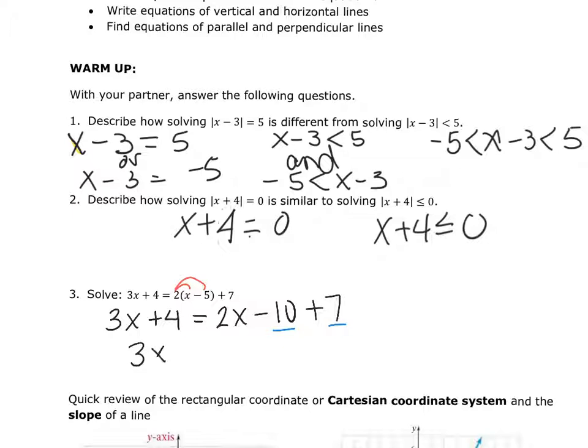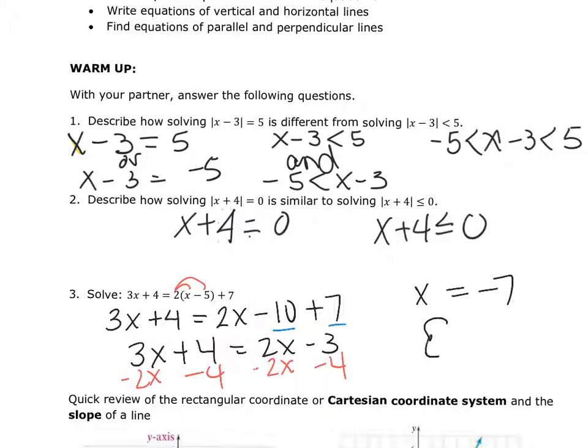So 3x plus 4 is equal to 2x minus 3. Go left with the x's, right with the constants. Minus 2x, minus 2x, minus 4, minus 4. And I'd end up with x is equal to negative 7. And my curly brackets, again, bear with me, need some work. So that's how you do those.